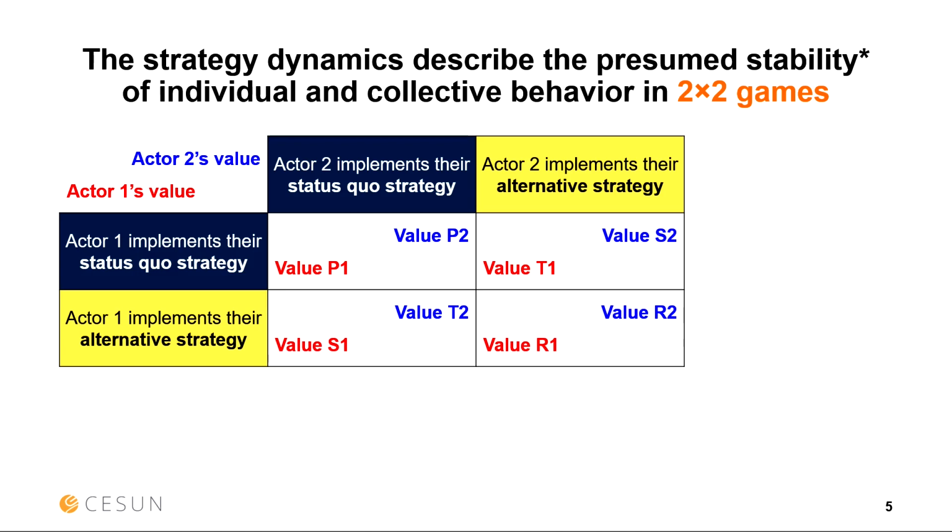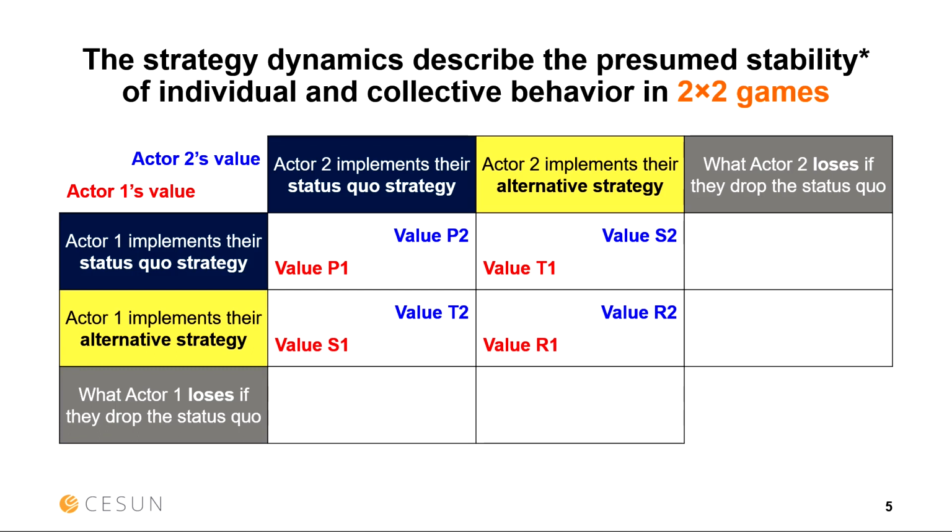Each intersection of rows and columns shows you the expected value of each actor in each of the possible collective strategy outcomes. In our work, we are interested in the differences in value when switching from one strategy to another. In particular, the loss of deviating from the status quo towards the alternative strategy. Each actor has one deviation loss for every possible strategy the other actors play.